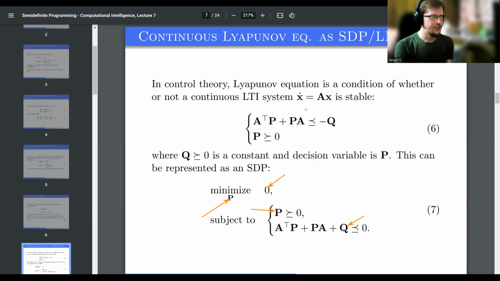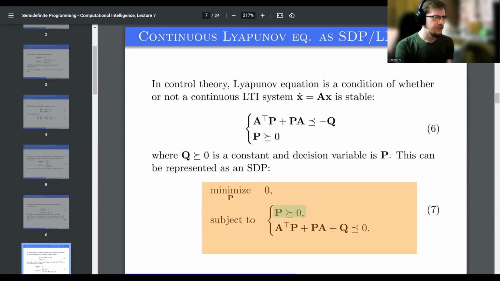So you have this single SDP with 2 LMI constraints, this one and this one. All right.